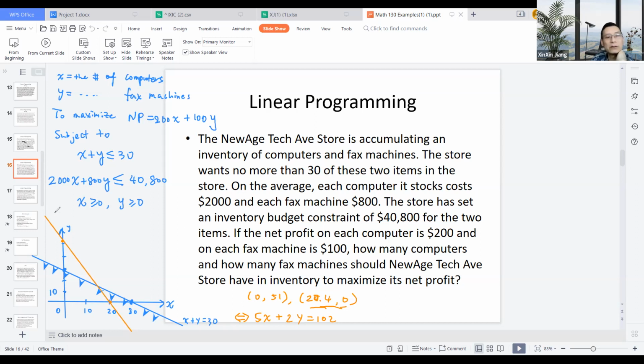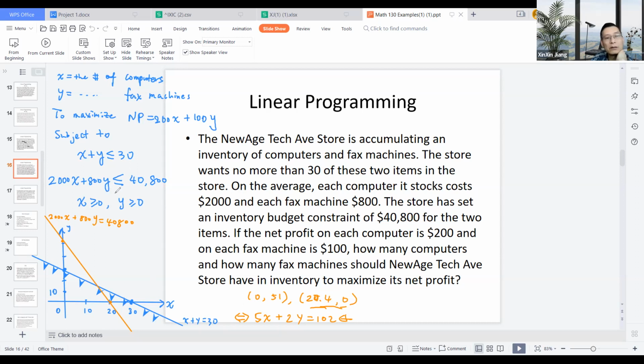All right, so let's put 2000x plus 800y equals 40800. You can mark this there. That's fine. 5x plus 2y equals 102. But it seems to be better to be consistent with the original constraint. All right.